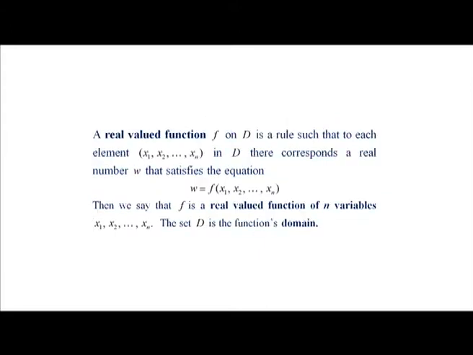A real valued function f on D is a rule such that to each n-tuple (x1, x2, etc., xn) in D, there corresponds a real number w that satisfies the equation w = f(x1, x2, etc., xn). We say that f is a real valued function of n variables x1, x2, etc., xn. The set D is the function's domain.